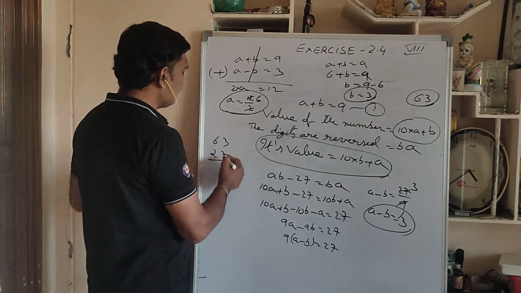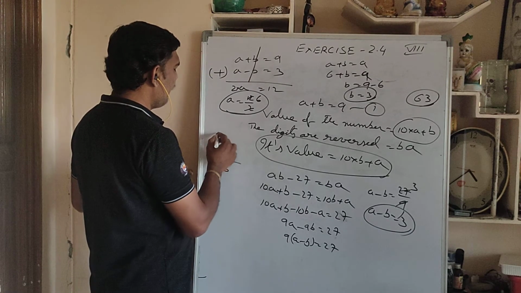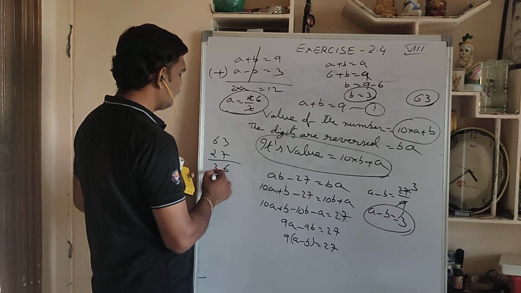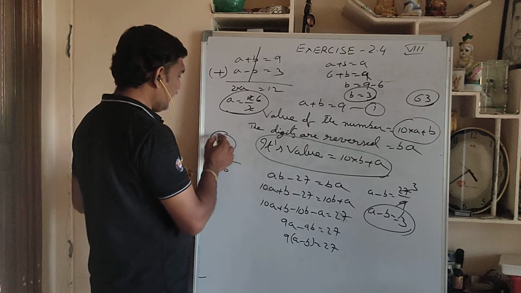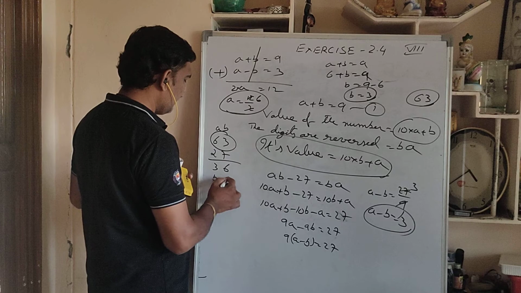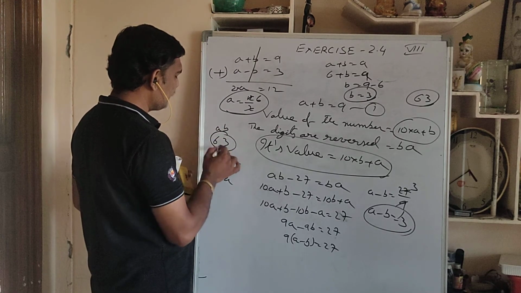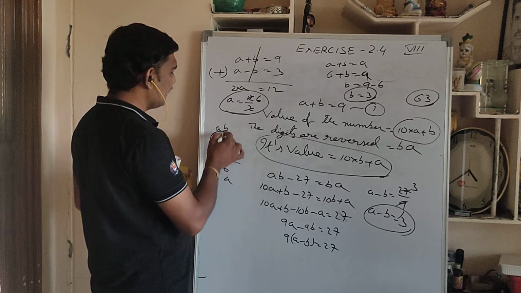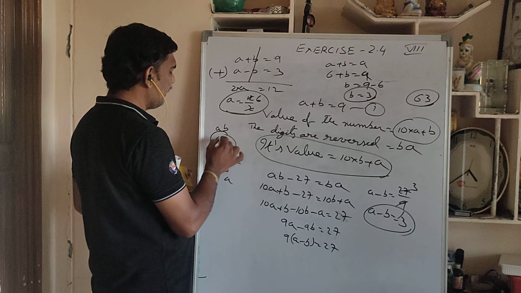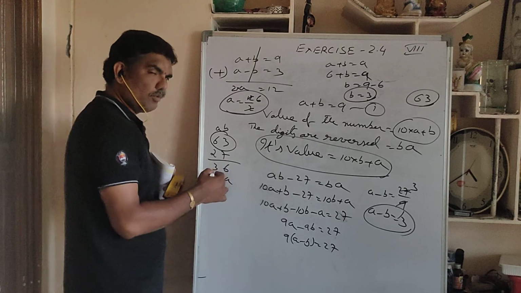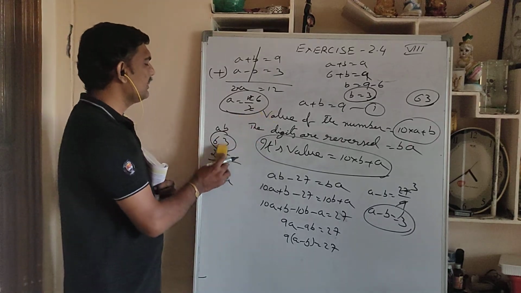So 13 minus 7 is 6. 1 borrowed, so 5. 5 minus 2 is how much? 36. So here AB, and here A is 6. It went from the tens place to the units place. Here in the units place, whatever number is there came to the tens place. So our answer is right.